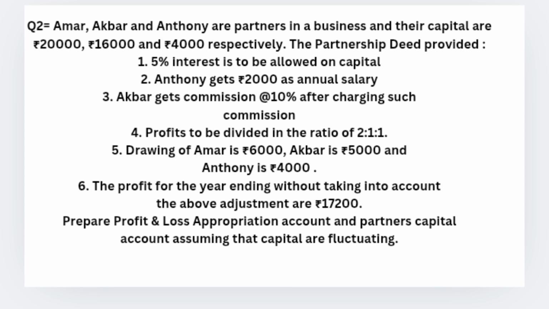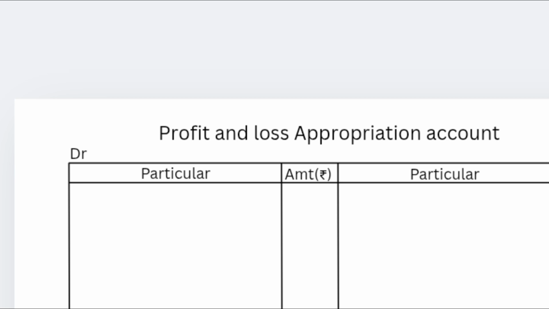We have to prepare the profit and loss appropriation account and partners' capital account, assuming that capitals are fluctuating. So we have to prepare only 2 accounts. Let's get started. The first item will be interest on capital.